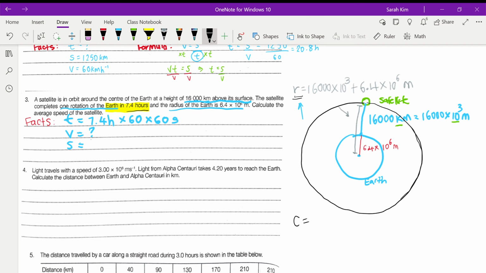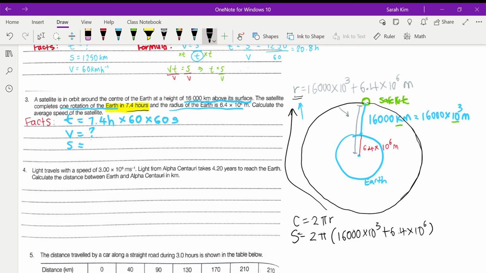The circumference of a circle is 2 pi r. The radius we've already found up at the top, so all I have to do is substitute 2 pi and the radius of that massive number. That pretty much becomes my s.